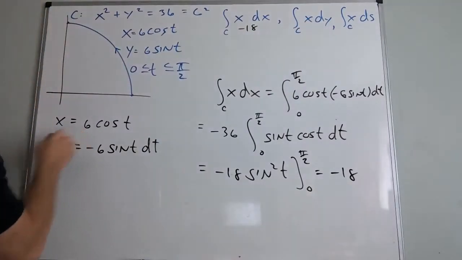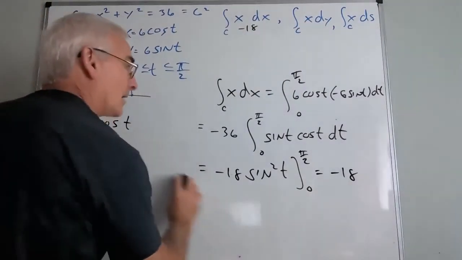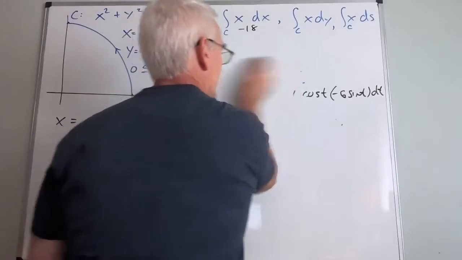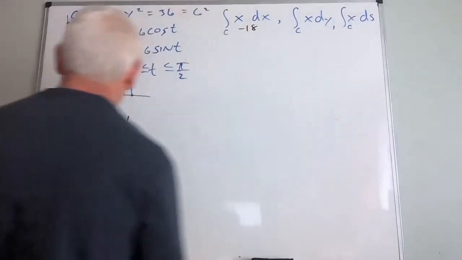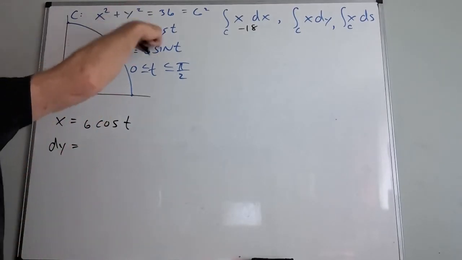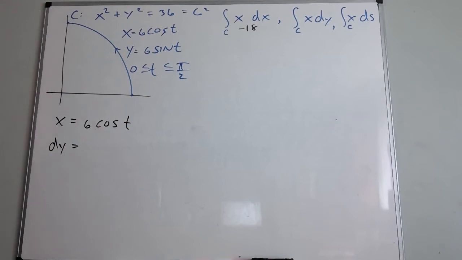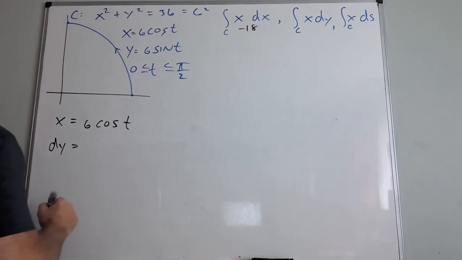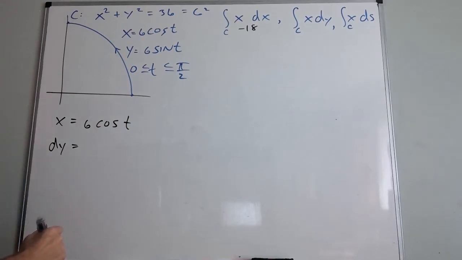Now with the same x, I need dy. Remember, this was our parameterization. So what's dy? Anyone?